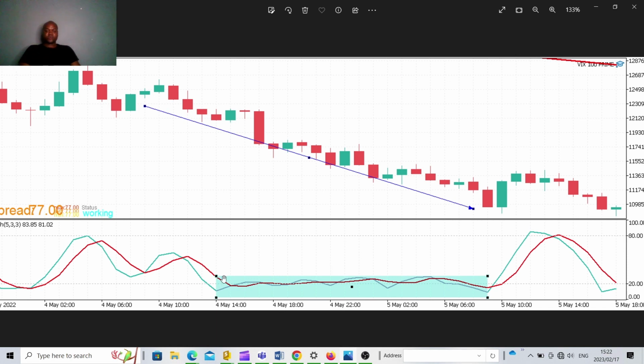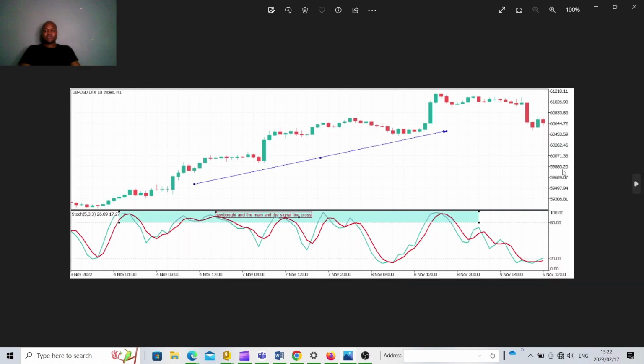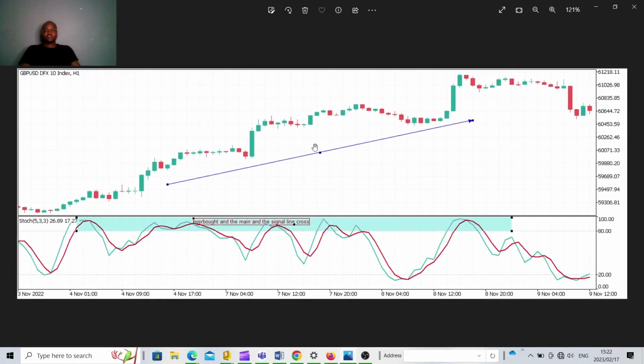This will end up generating false signals, because it's generating signals which are against the current trend, which is a downtrend. Or maybe we have an uptrend and the price is moving up, and our stochastic is generating sell signals. You can see there was a signal to sell. Also here there is a signal to sell, because the main line and the signal line are crossing whilst in the overbought region, but the price is constantly moving up.